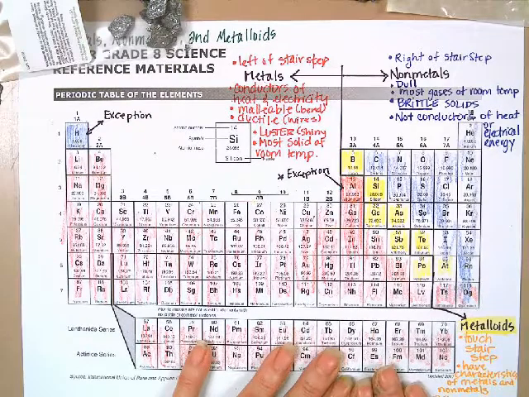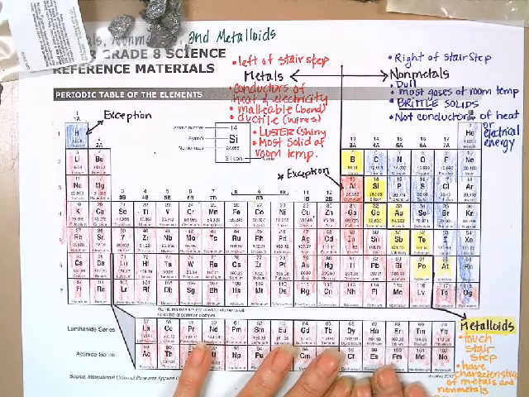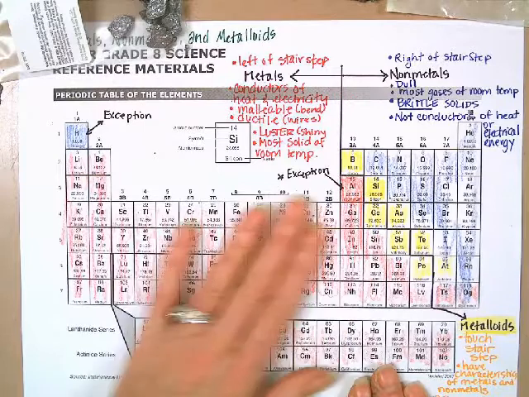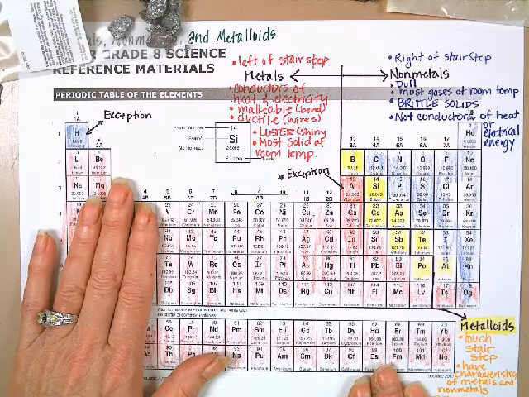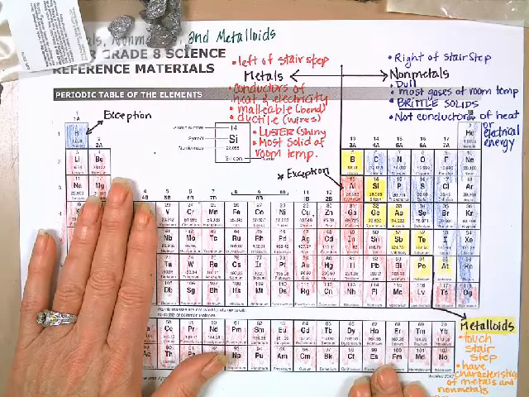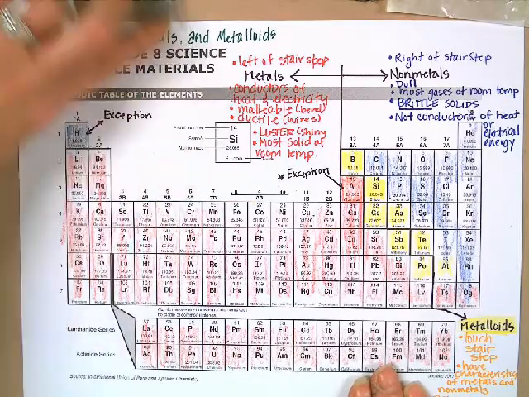And if I told you I was a shiny solid, I bend very easily, and I can be pulled into wires, or I'm malleable and ductile, you would be looking at all of the metals to try and identify which element is being asked for.